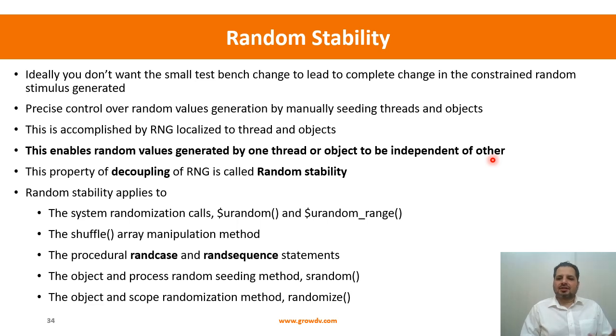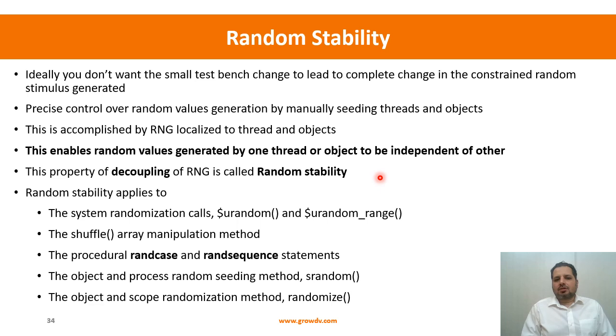It uses a separate state to generate the random numbers for each object and for each thread. This property of decoupling the random number generator for threads and objects is called random stability. Probably the term makes sense now. Because of that, if I make a change in one object, the effect on the other object is minimized. It's not zero, but it gets minimized.